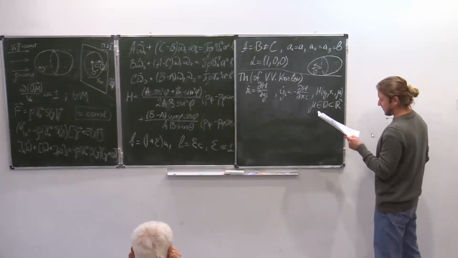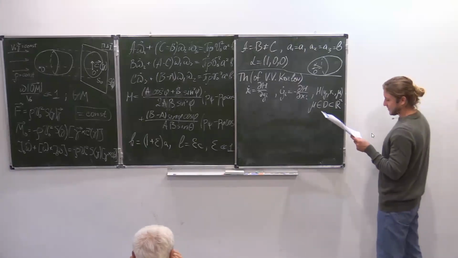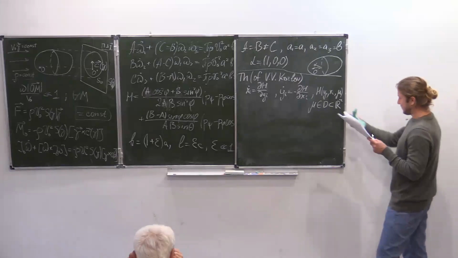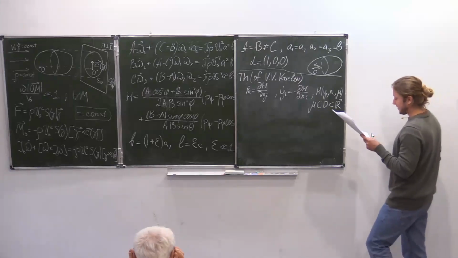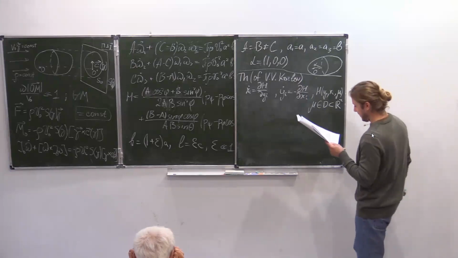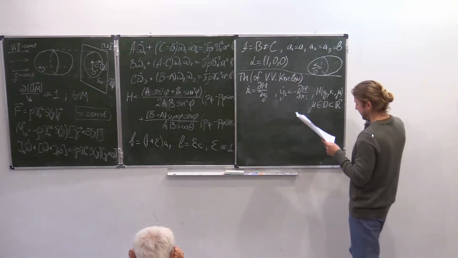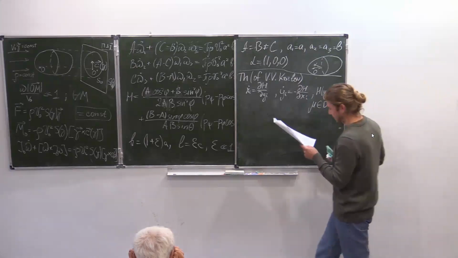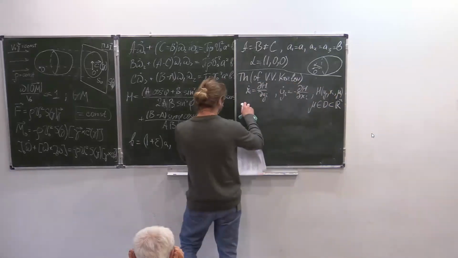Assume that for all values of the mu parameter, the origin of coordinates is the equilibrium position. Then the Hamilton function can be decomposed into the sum of homogeneous forms of degree s.